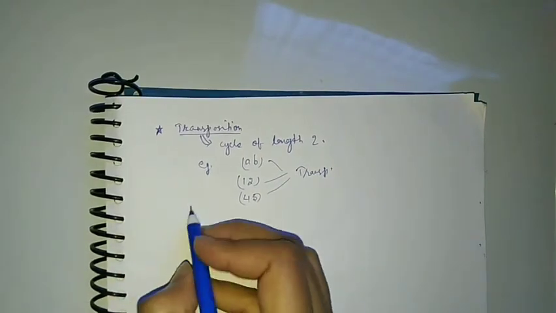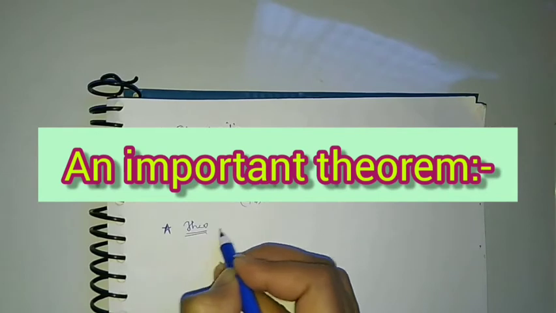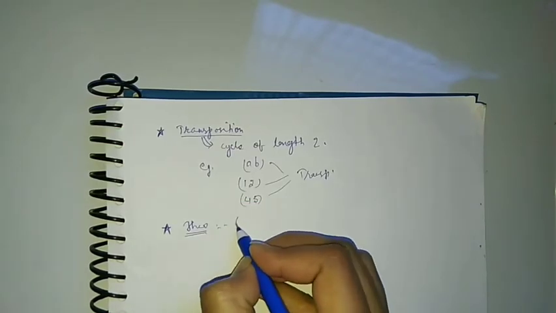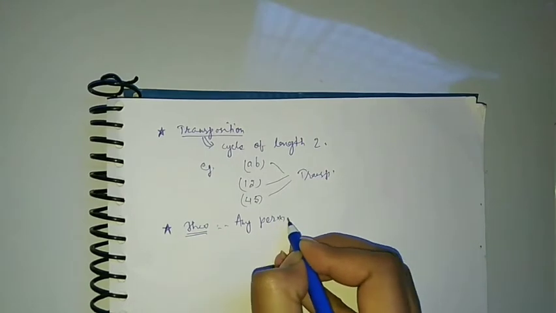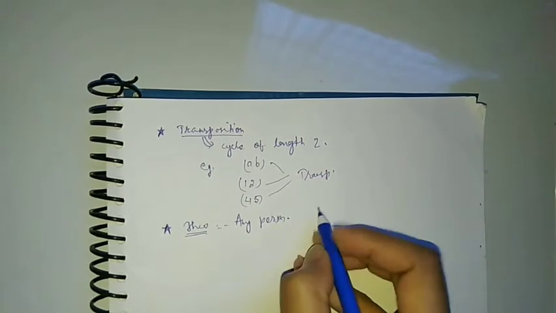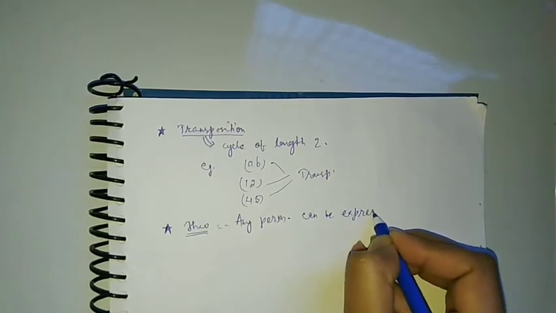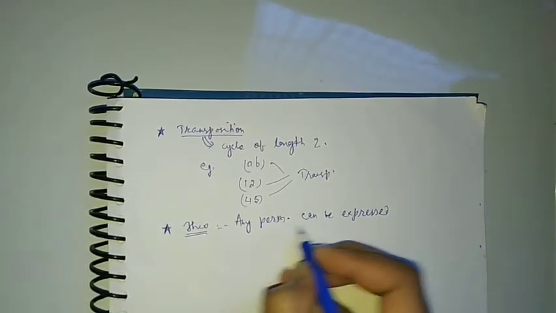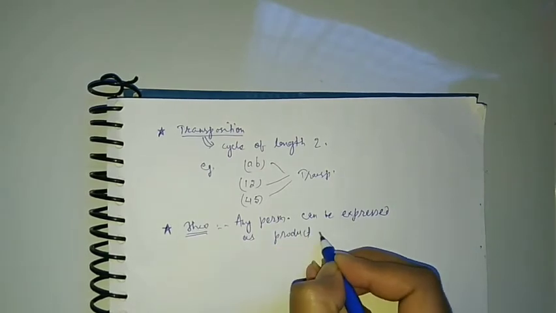Now our next concept is a theorem. It says that any permutation can be expressed as a product of transpositions.